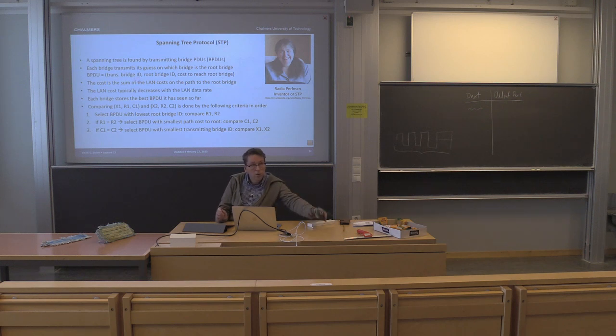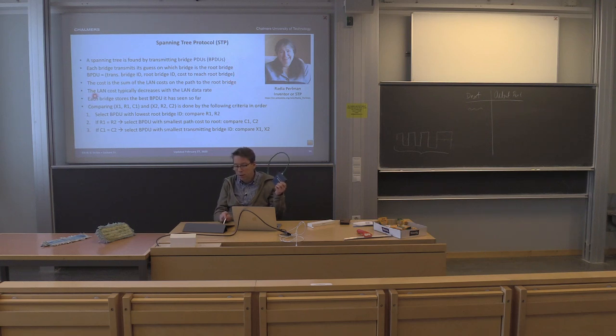Okay, so this one has its own ID, the ID of the bridge that it thinks is the root, and the cost it takes to reach that bridge. Okay, number of LANs it needs to go through, perhaps. The cost to reach the root bridge is the sum of all the LAN costs on the path to the root bridge.